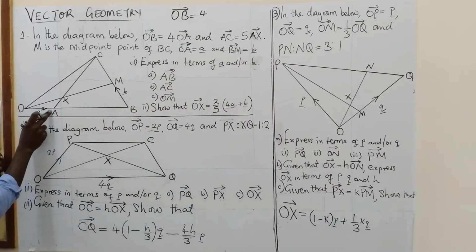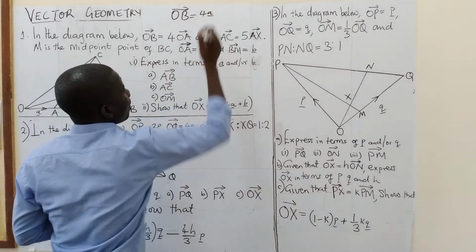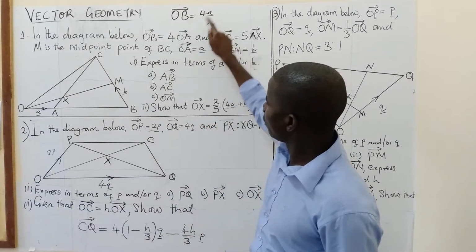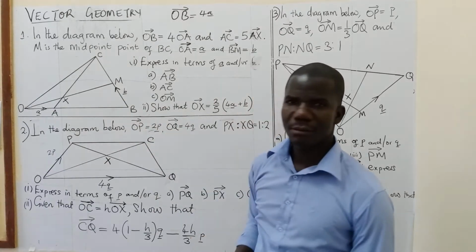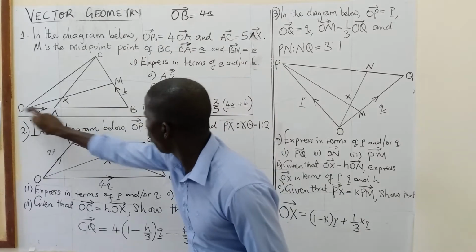What is our OA? Our OA is a. So this 4a is from O up to B.